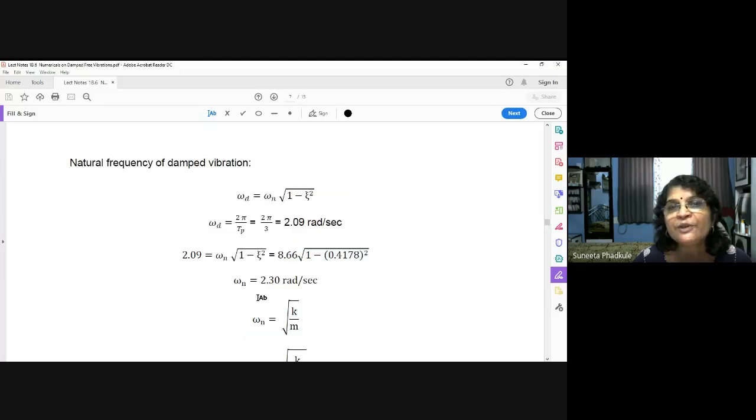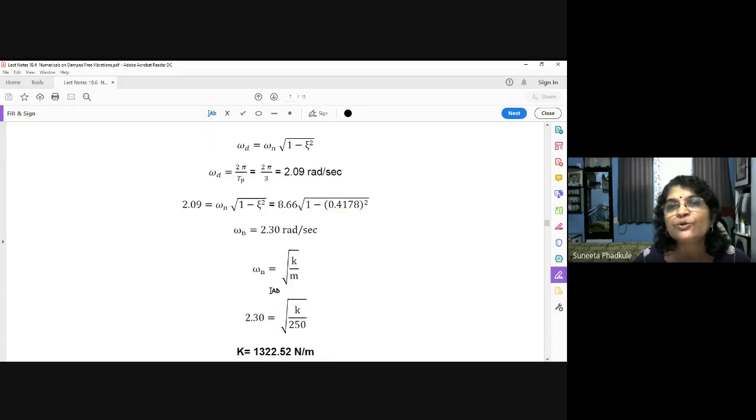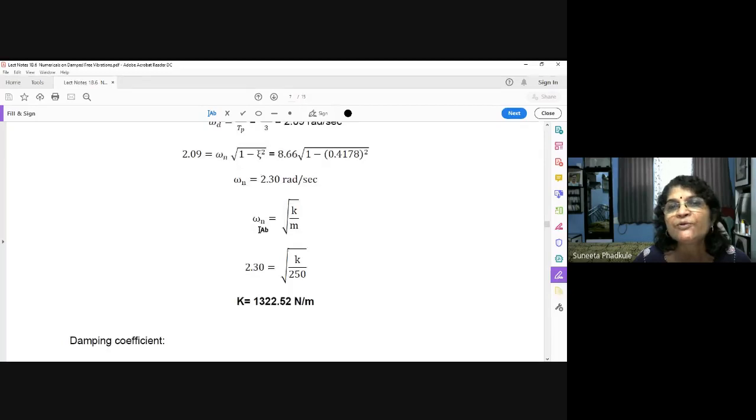From this formula: omega d is equal to omega n times the square root of 1 minus zeta square. Zeta we have already found, and omega d is also directly given. Putting the values of omega d and zeta, we can find omega n, that is 2.30 radian per second. Once we have found omega n, put the value here and you can find k.